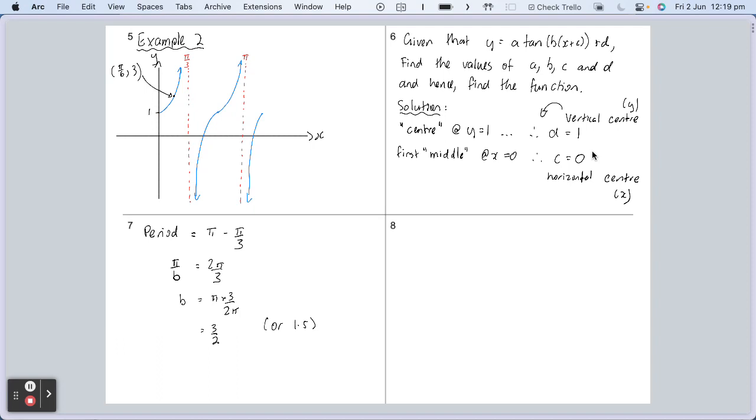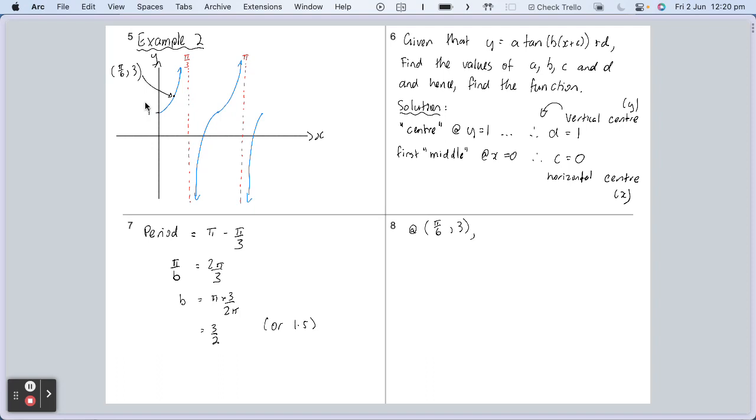Now, what letter are we missing? A. Yep, A. So there's only one piece of information we haven't used, and that is this point for scale. So unsurprisingly, the point for scale, the point that gives us our stretch, is also the point that we're going to use. So we literally write in the point and we substitute in.